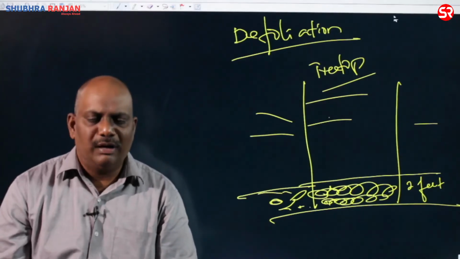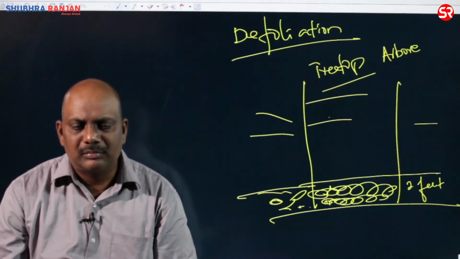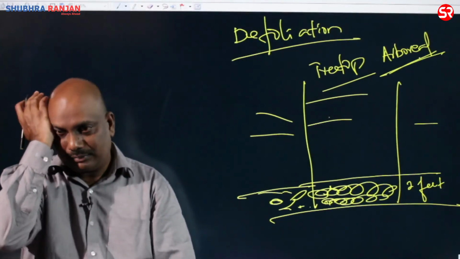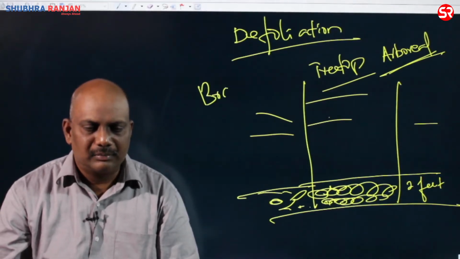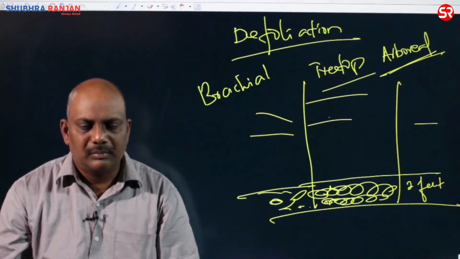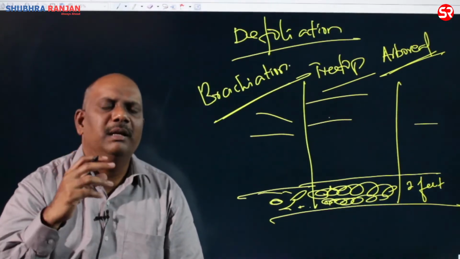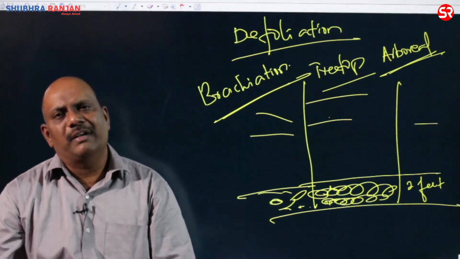We call this way of living arboreal. And they lived by brachiation, which means jumping from branch to branch. So this was the environment.